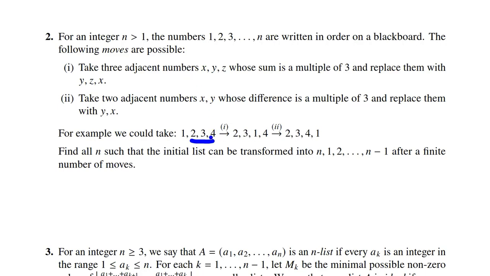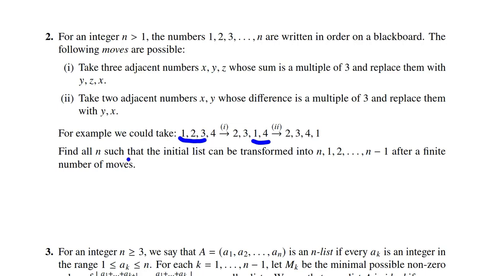For 1, 2, 3, x, y, z, the first one goes to the last one: 2, 3, 1. And then the second rule: we apply it for 1 and 4, because their difference, 4 minus 1, is 3, a multiple of 3. You switch 4 and 1.